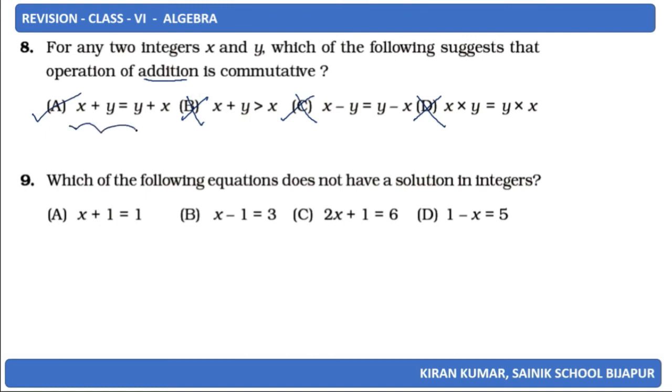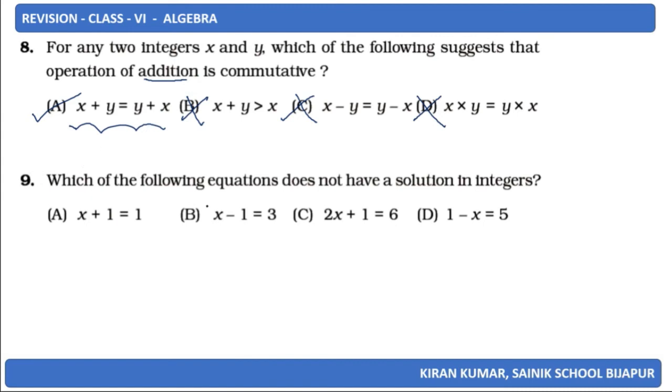Option A is the right one. The addition of two numbers is commutative, so x plus y is equal to y plus x is addition and it is commutative.